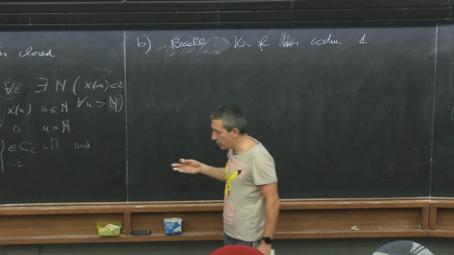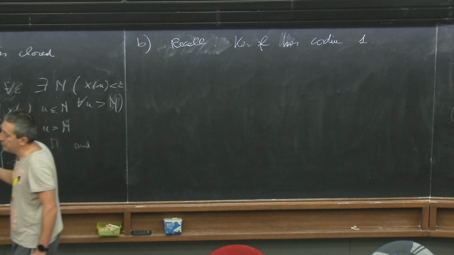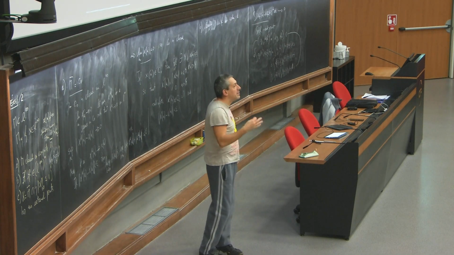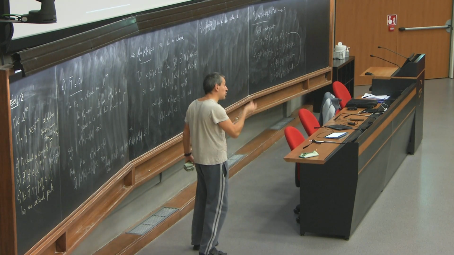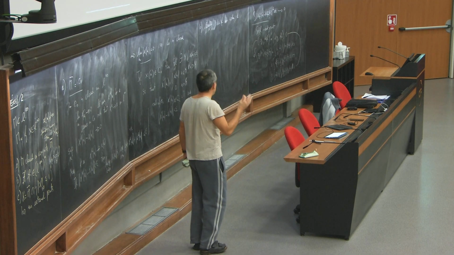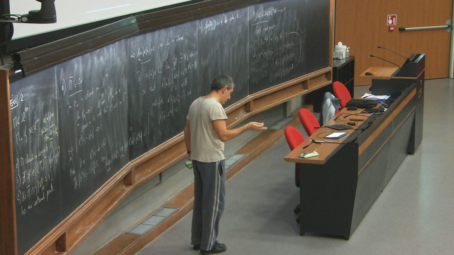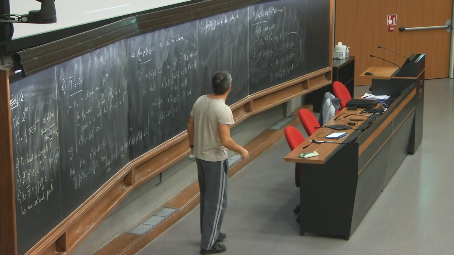The kernel of a continuous linear functional is a closed subset with codimension 1, which means that I need just to add a vector in order to get the whole space.